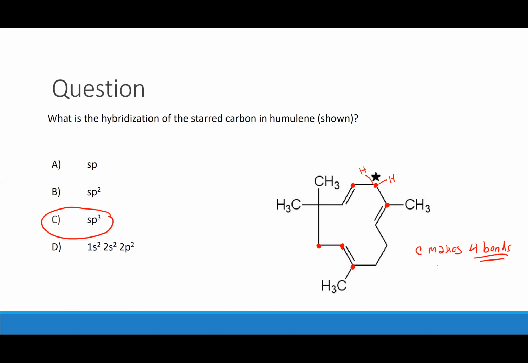And double bonds count as 2 and triple bonds count as 3. So this carbon is already making 3 bonds, which means there is 1 more hydrogen here. So again, let's count. It's attached to 1, 2, 3 things, which makes this carbon here sp2 hybridized. And if you go back in the slides, you'll notice this makes sense. There is a double bond involved, and sp2 is usually associated for carbon with double bonds.